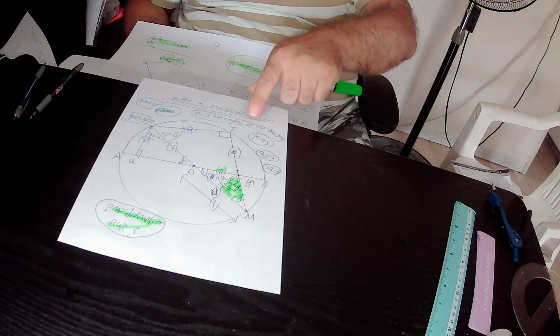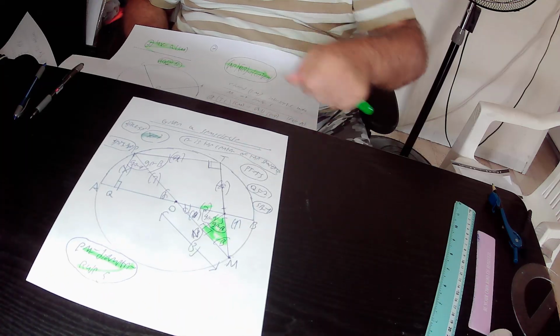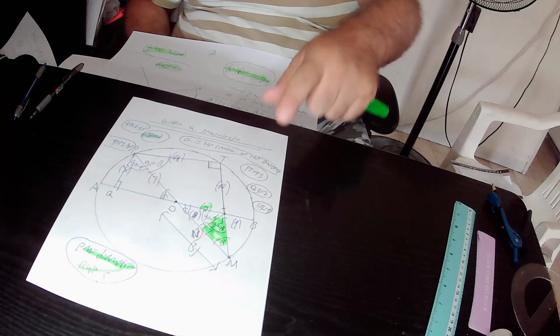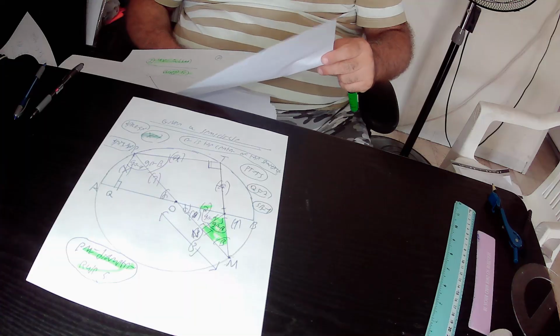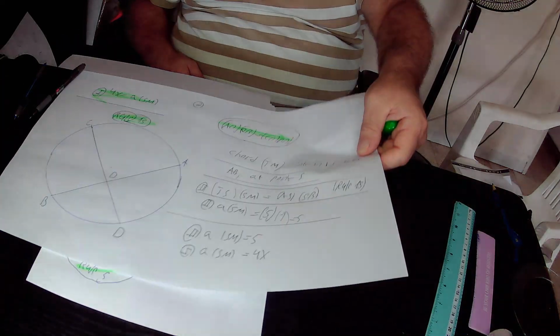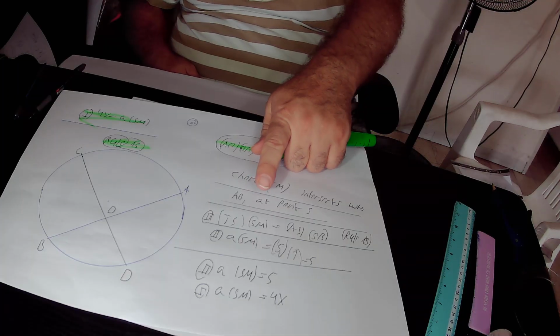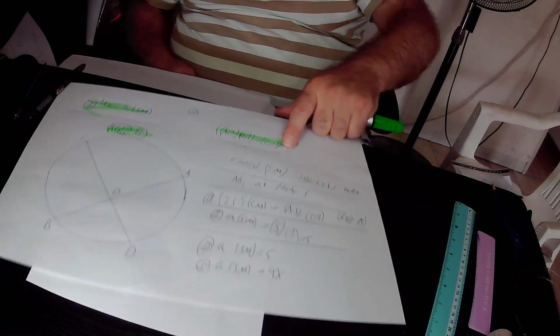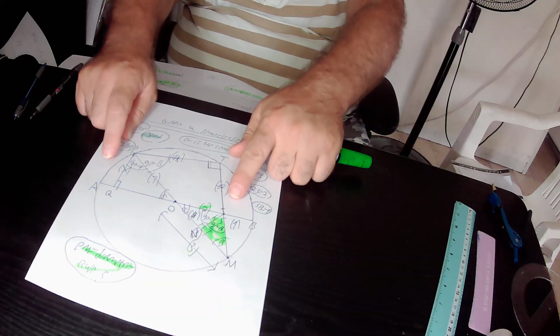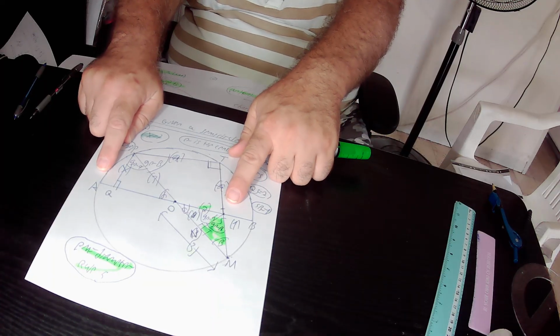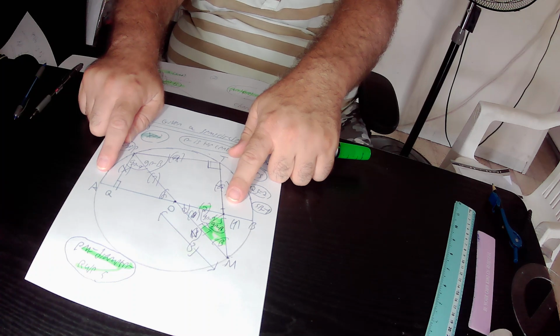TS equals A times SM. SM is the missing side, so we leave it as it is. So on this side of equation 2 we have A times SM, and it is equal to AS times SB. AS in total is AO, that is the radius, which equals 3, plus OS, that is 2.